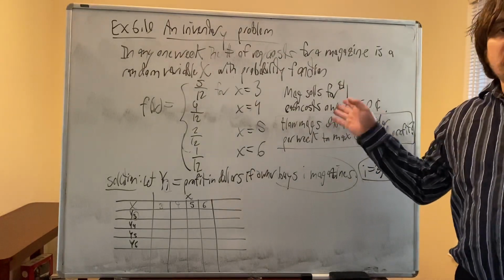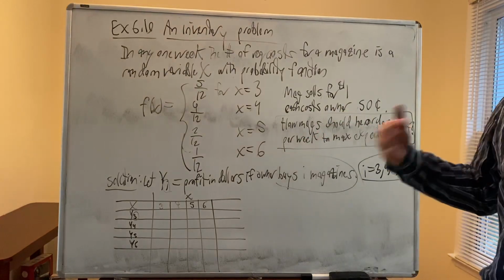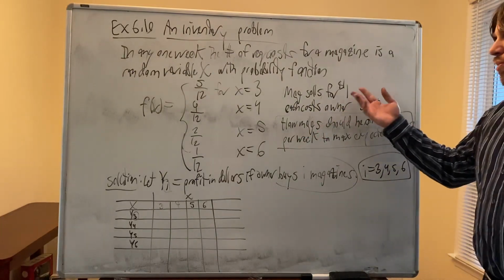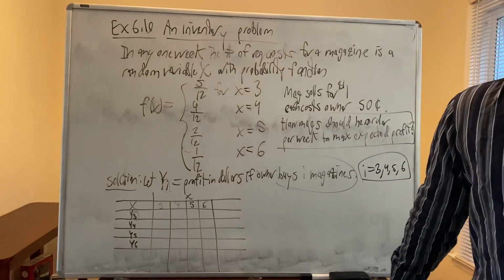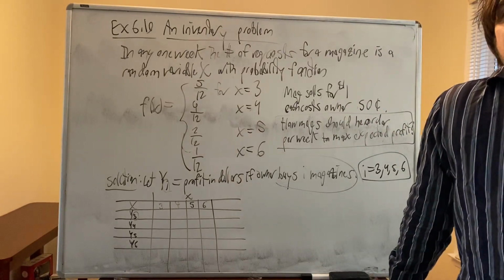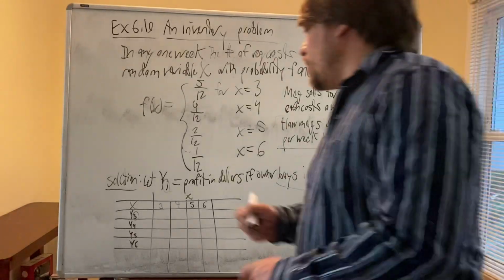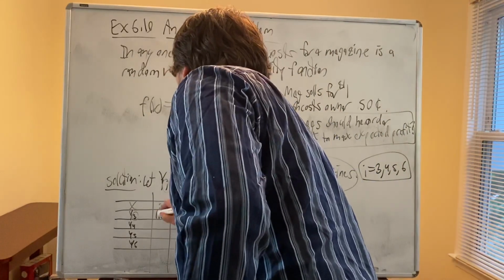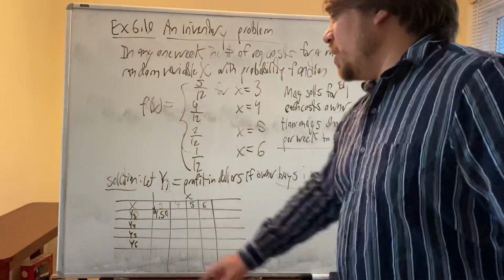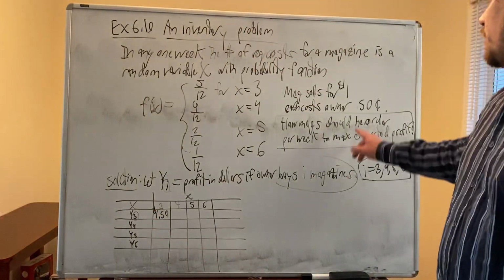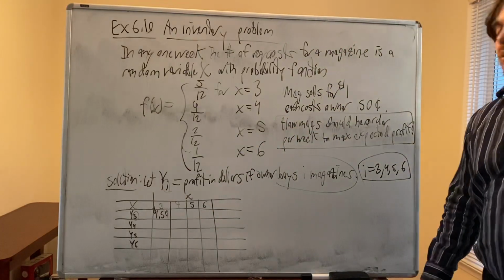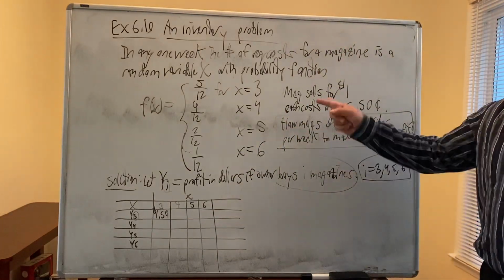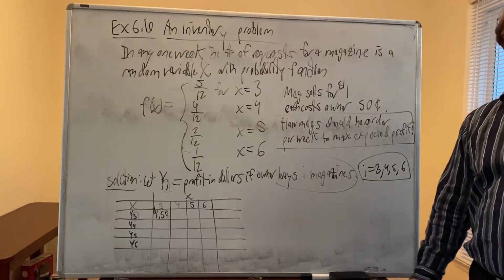So he makes $3 because there's 3 requests for the 3 magazines he buys. It costs him 50 cents for each one he buys, so it costs him $1.50 and he makes $3. And so he nets a total of $1.50.